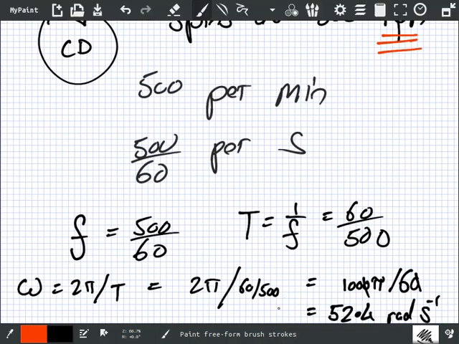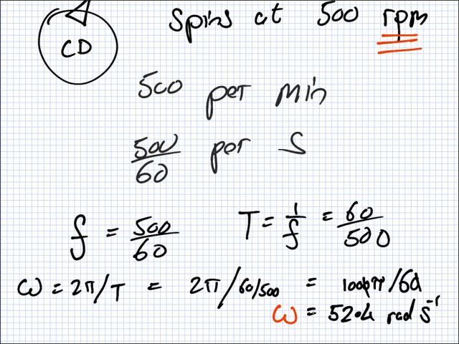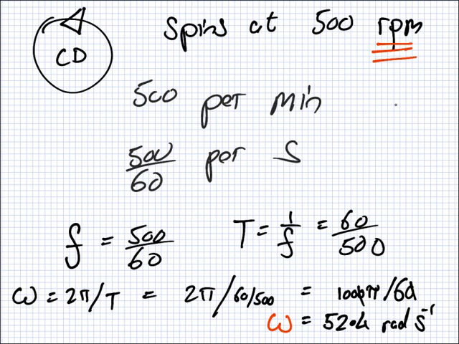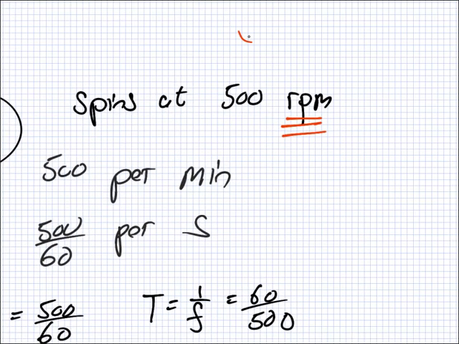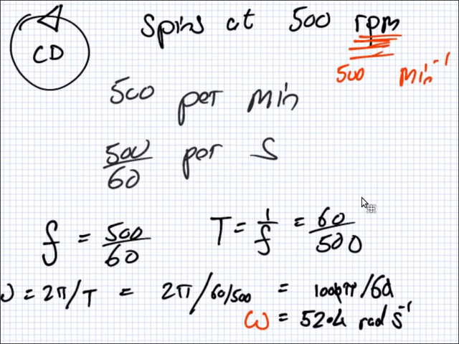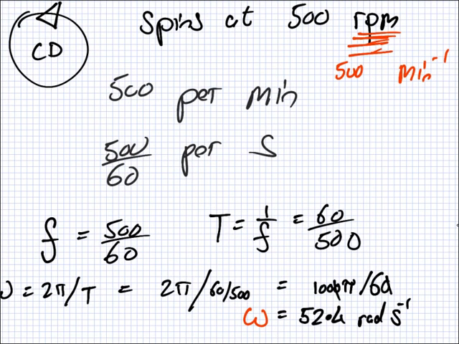What's the unit? The 500 per minute. The unit is turns per minute, the number of turns per minute. So basically per minute is the unit. It's 500 per minute.